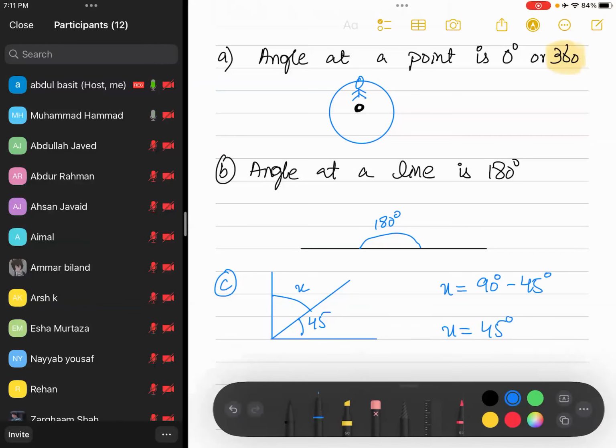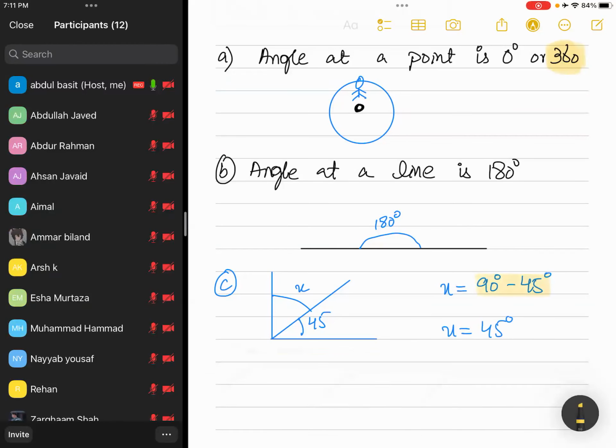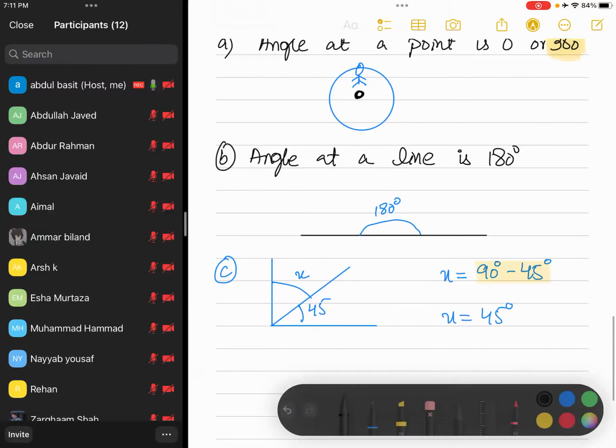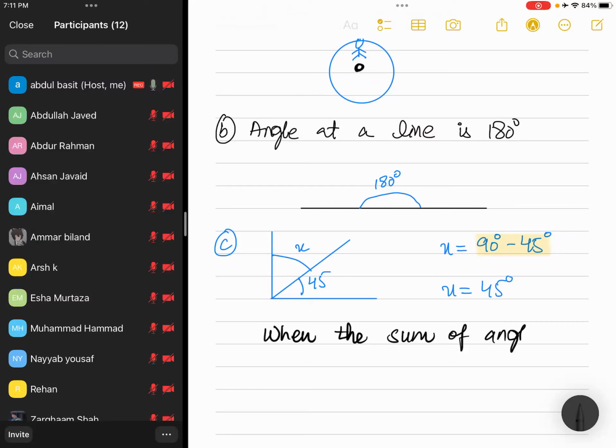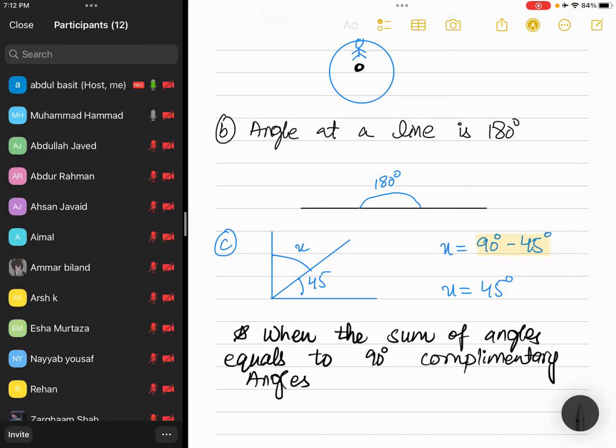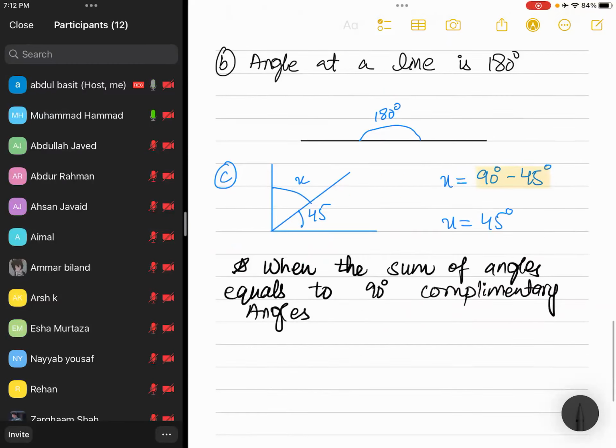When the sum of two angles is equal to 90 degrees, what is the name of the angle? No, no. When the sum of angles equals 90 degrees, they are called complementary angles. Complementary angles. Have you read this before, beta? Yes sir, I have read it. Okay.